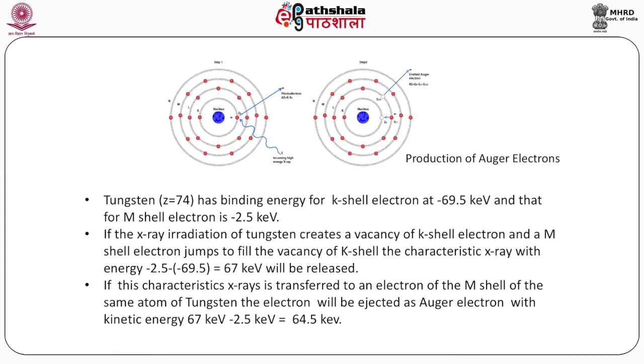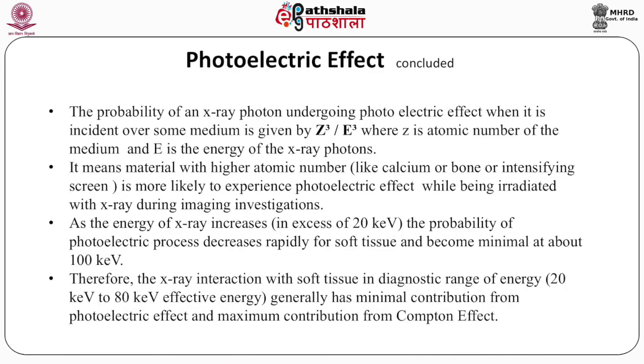If these characteristic X-rays of 67 keV are transferred to an electron of the M shell of the same atom of the tungsten, the electron will be ejected as Auger electron with kinetic energy 67 keV minus 2.5 keV is equal to 64.5 keV.